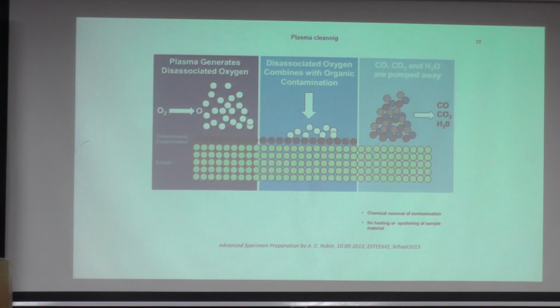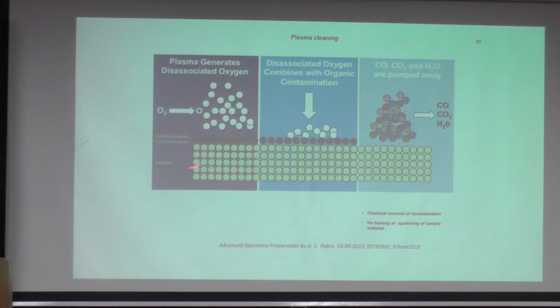That is why before each work you use plasma cleaning. What is plasma cleaning? It helps you to clean and remove carbon contaminations from your specimen in special plasma cleaners.